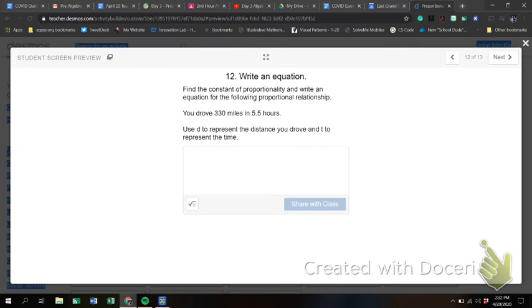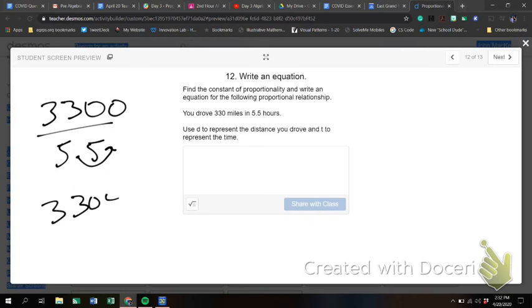Okay, let's see how many miles per hour we drive in this situation. 330 miles in 5.5 hours. Okay, so 330 divided by 5.5. I'm going to try to do this without a calculator, guys. How's that sound? I can divide these both by 5 and get 66 over 1.1, which would be a pretty big number.